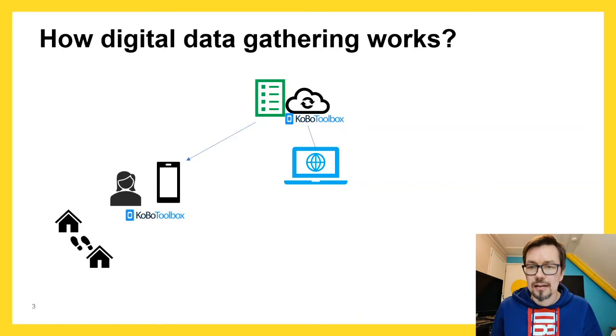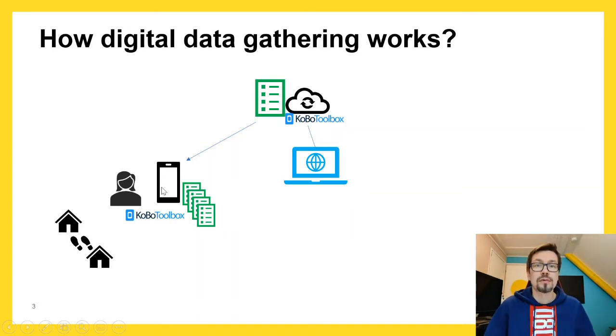So that's that one. And then when they are collecting the data, those filled in surveys are stored in the mobile phone. So it doesn't matter if there is no internet connection during the collection time.